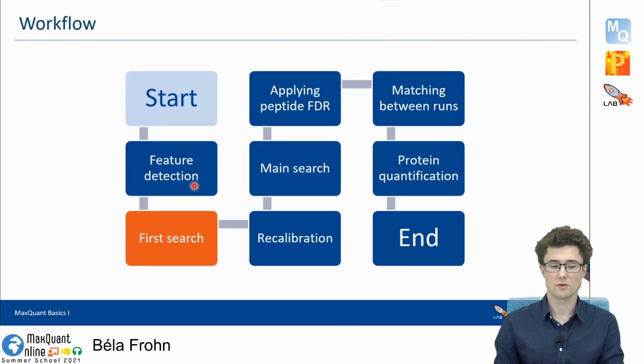Okay, so this was the feature detection, and now we will try a first search, which means that we will search for peptides from a database which might have given origin to the patterns or to the features which we found. So we want to now identify which peptide might be the origin of my feature.